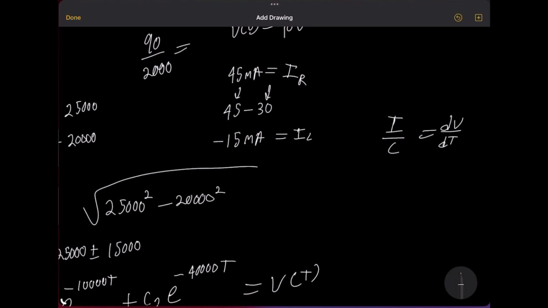So the current going through that capacitor, which is negative 0.015, divided by capacitance, 10 times 10 raised to the negative ninth.